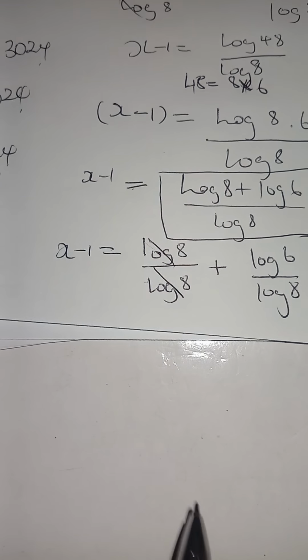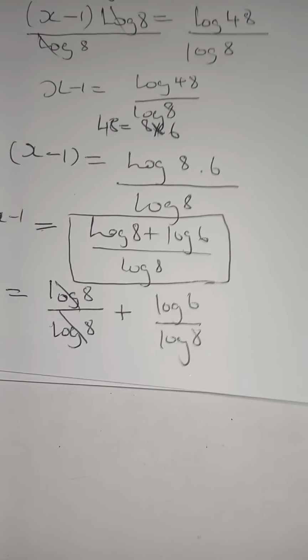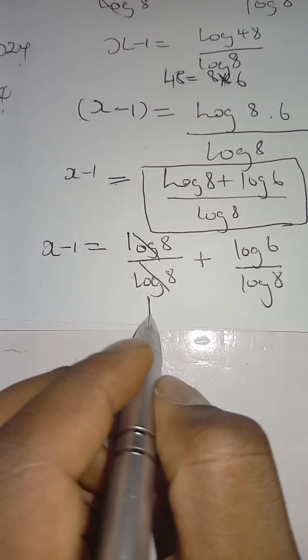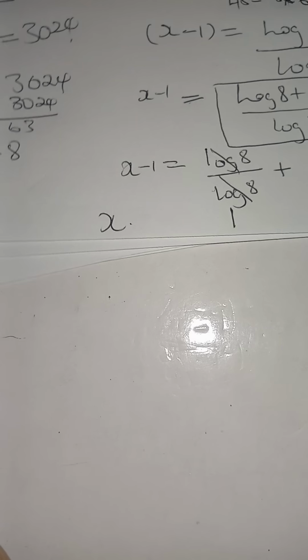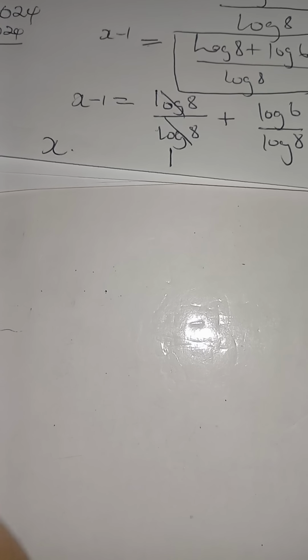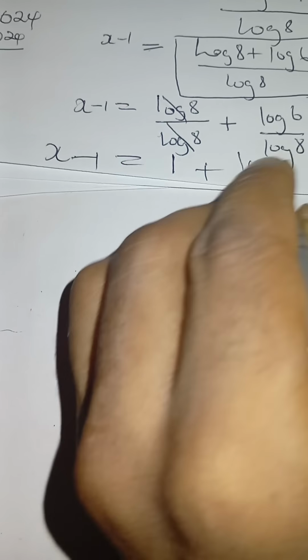So this cancels this. They are the same. Now we have x minus 1 is equal to 1 plus log 6 over log 8.